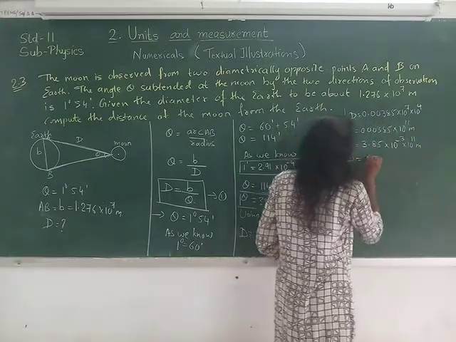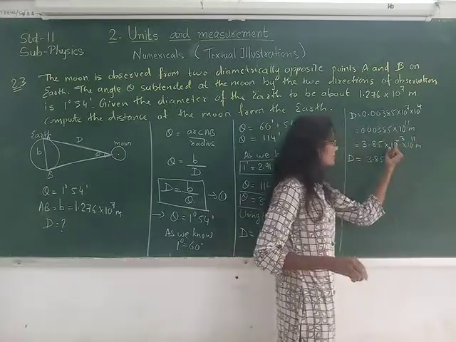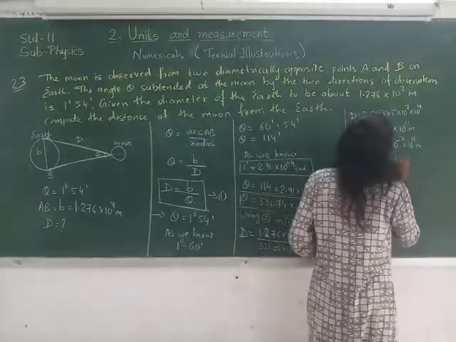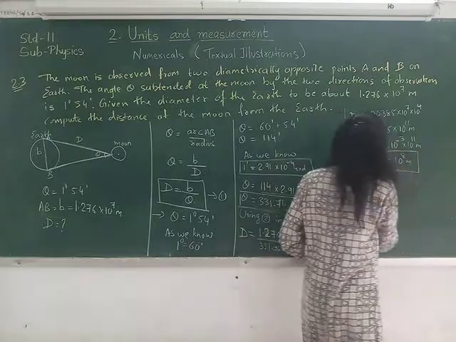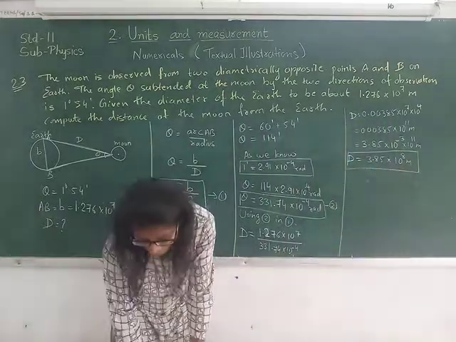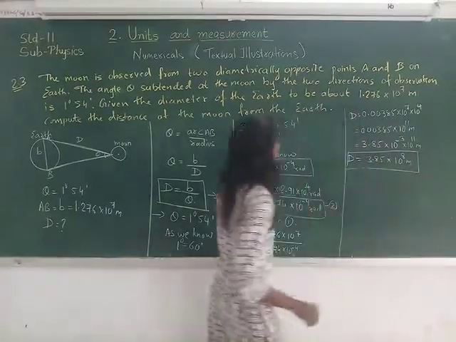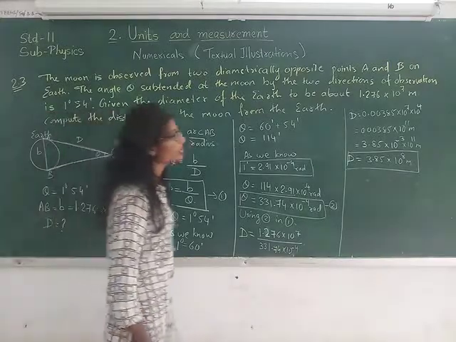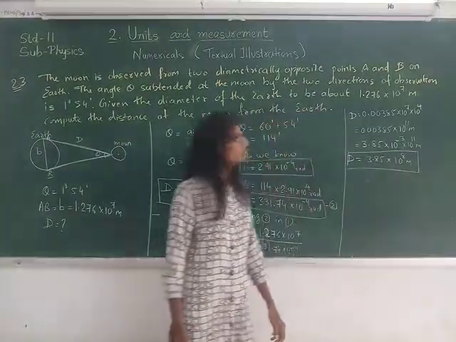So D equals 3.85 into, minus 3 plus 11, that becomes 10 raised to 8 meters. So this is the value of D, the distance between the earth and the moon, that is 3.85 into 10 raised to 8 meters. So students, you may copy down.